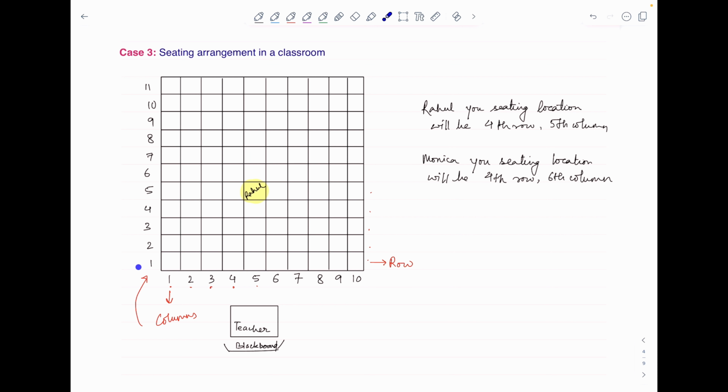So Monica started from the first row, second row, third row, fourth row. Then she turned eastward.